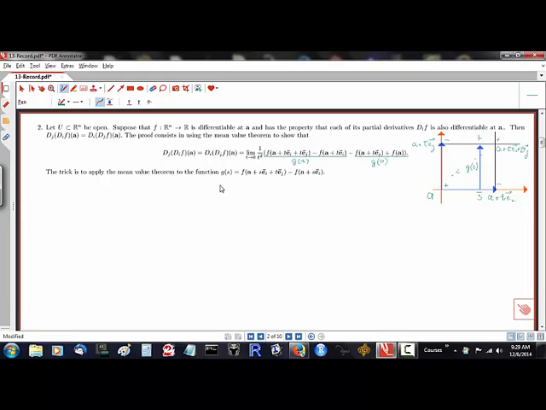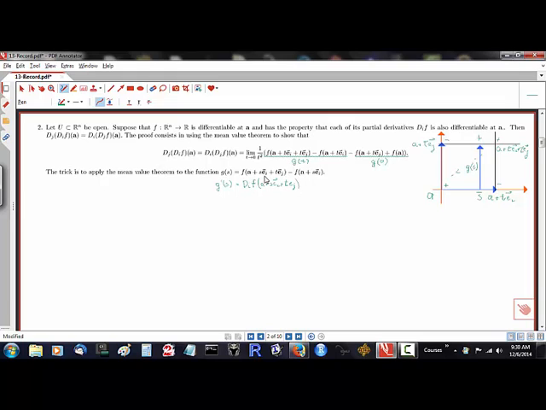Let's think briefly about g prime. What happens when we differentiate this first function with respect to s? Well, strictly speaking, we're applying the chain rule, and we have to calculate the derivative of f, but the only partial derivative that matters is the ith partial derivative. This is the ith partial derivative of f evaluated at a plus s e sub i plus t e sub j.